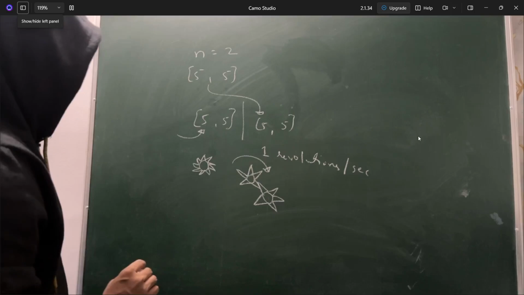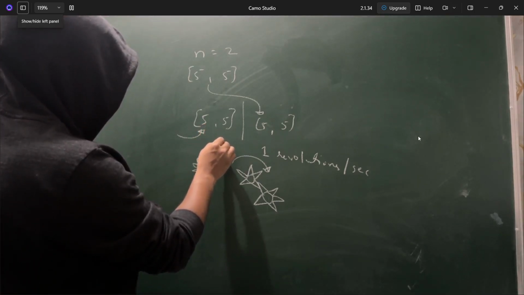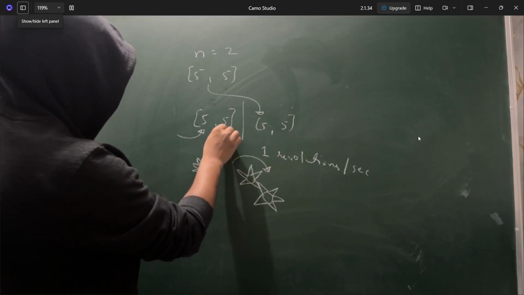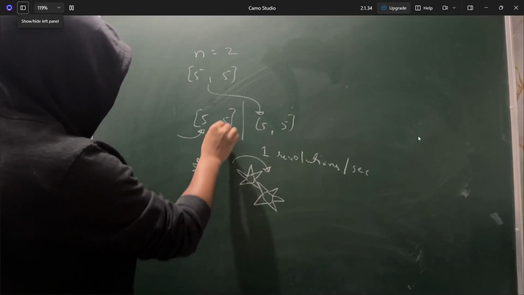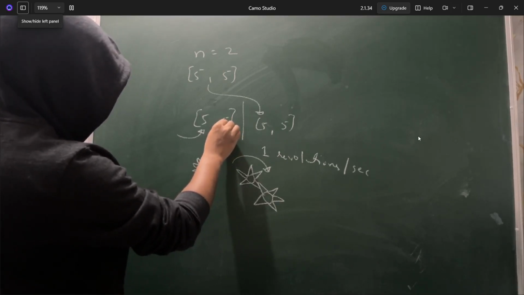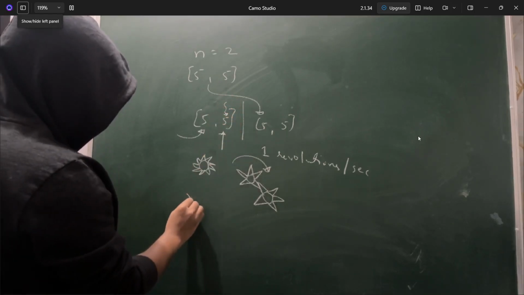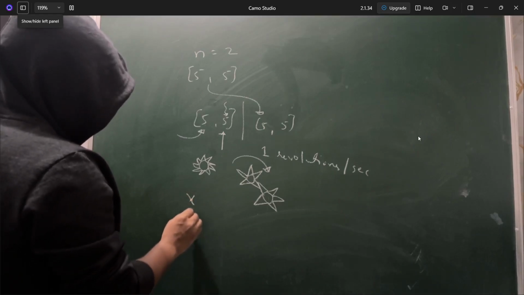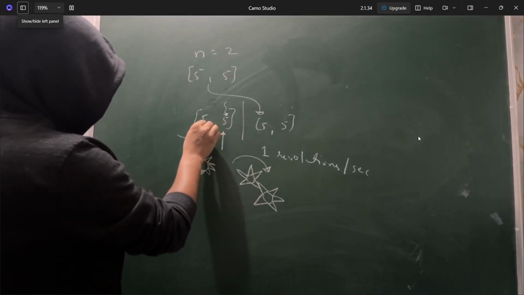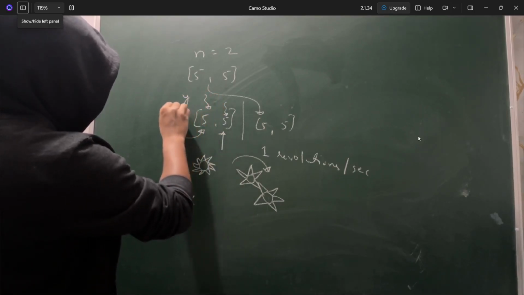If you try to stand at, let's say, this index, its speed will be given by this. One more catch is that the number of teeth it has, you take as x, and the previous gear has number of teeth y, and it is rotating, let's say, at z speed.